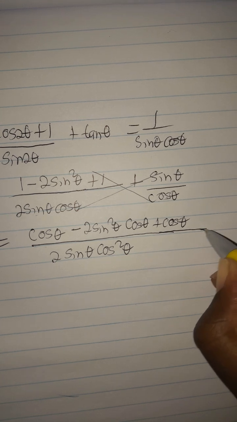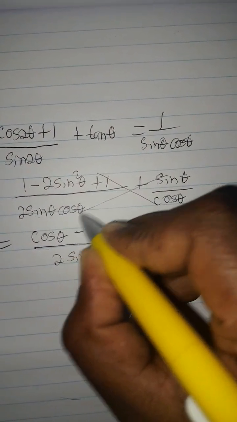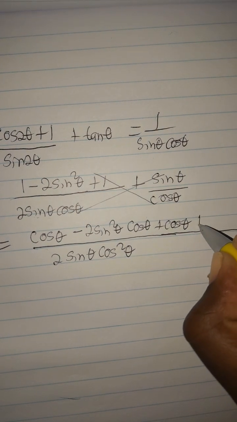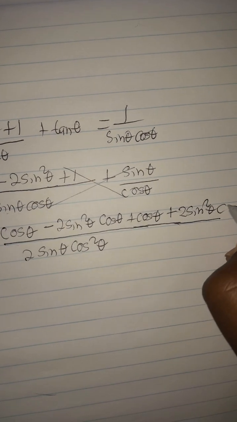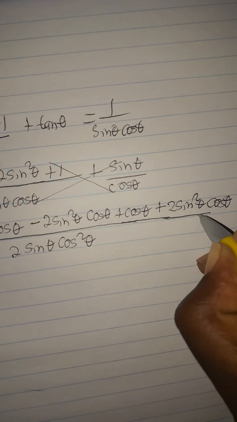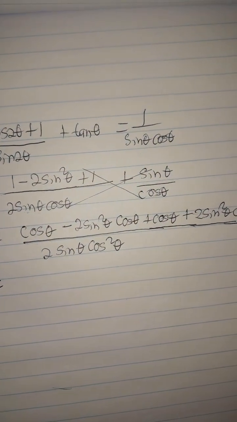Yes, you can just multiply it out. Then let's multiply this. 2 sine cos times sine, that will be minus 2 sine squared theta cos theta as well, right? So from here we can find the like terms.